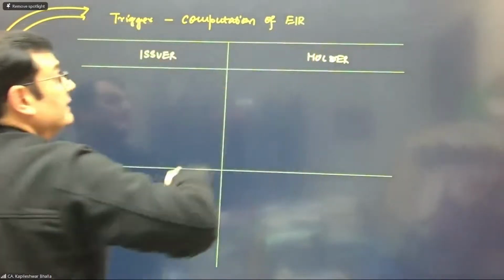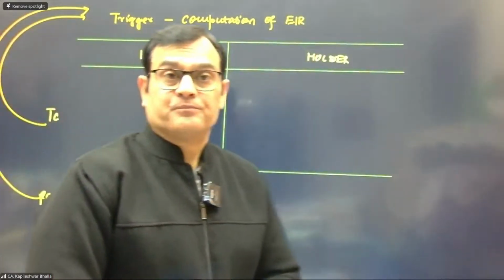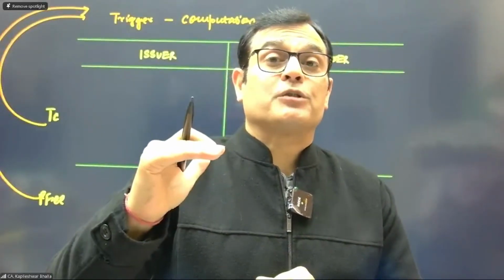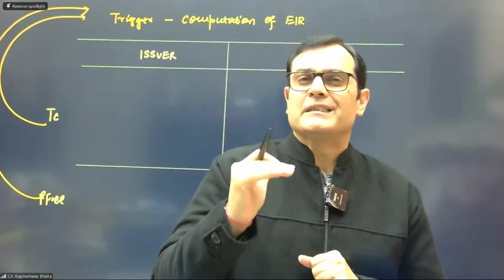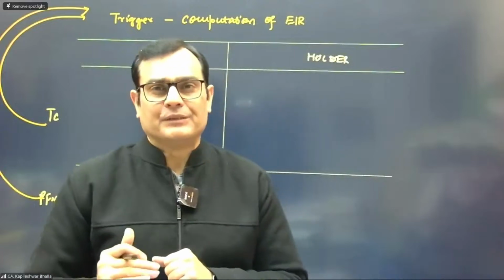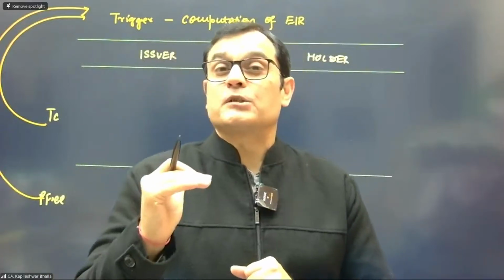We need to calculate the EIR in these cases. The process in terms of 109 was very clear that a transaction cost cannot be expensed immediately. It needs to be spread over the life of the instrument. A processing fee cannot be considered as income for the banker, or as an expense for the person who took the loan. It needs to be spread over a period of time.